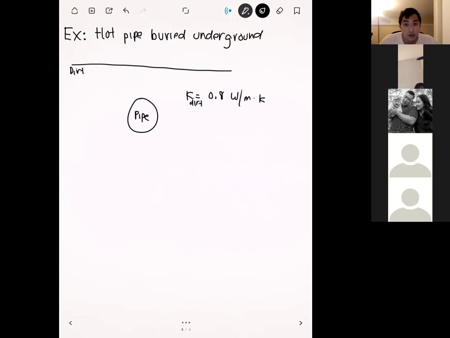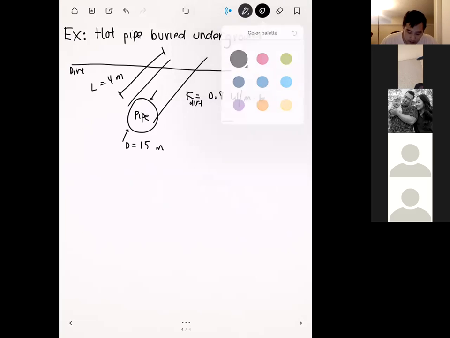Let's say the diameter of this pipe is 15 centimeters. And then the length of this pipe going into the page, we'll say is 4 meters. And in addition to that, we know that the depth at which the pipe is buried underground is 20 centimeters.